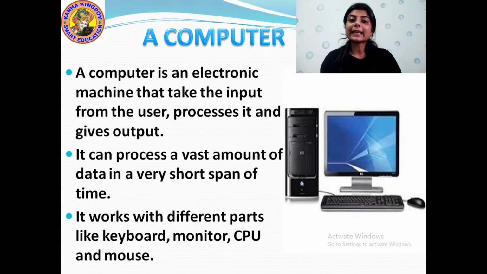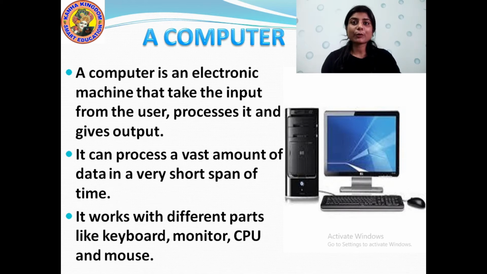A computer is an electronic machine which runs on electricity, that takes the input from the user. And who are the users? We are the users because we are using the computer. That is why it is written that it takes the input from the user, processes it. Processes it means it works on the input that we have provided to the computer and gives output. Output means it gives the result.